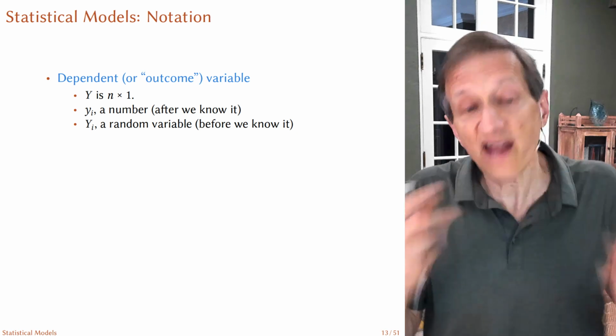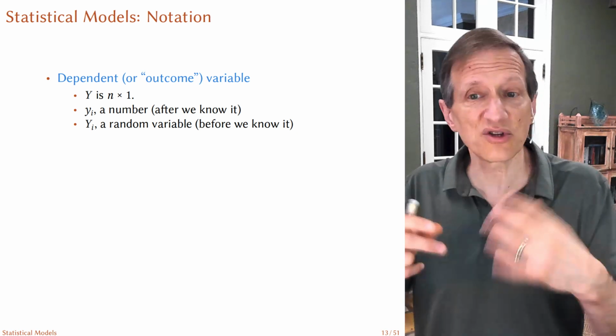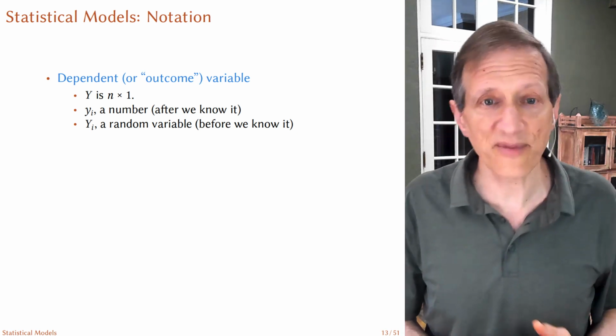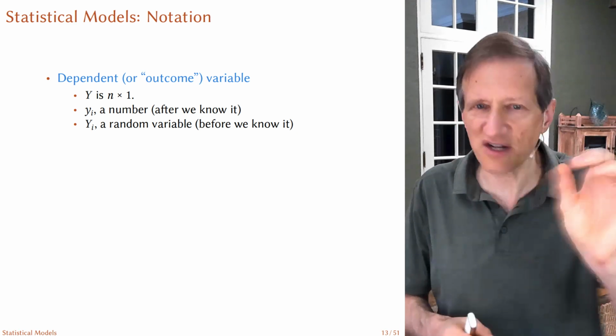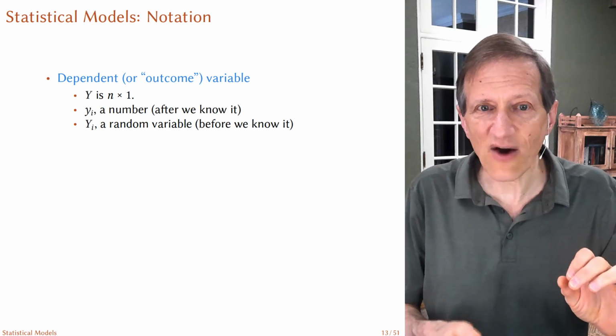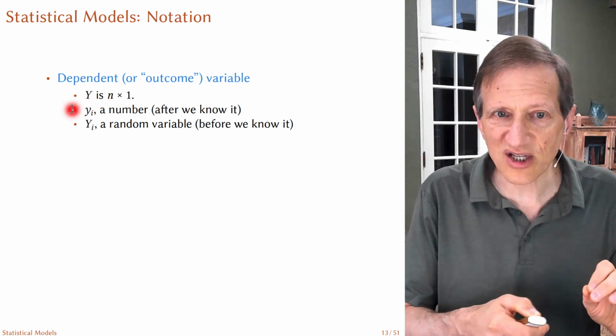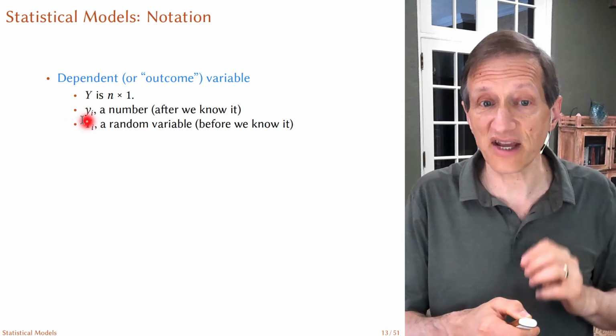And if we ran the experiment, or the analysis, or the survey, or the random draw from a population, or whatever it is, that first observation could be different each time. The number that it is now in this particular experiment is this little y_i. That's what we see in our data set.